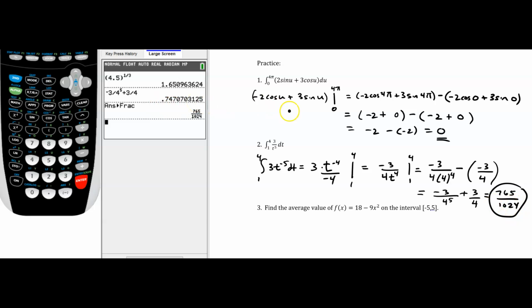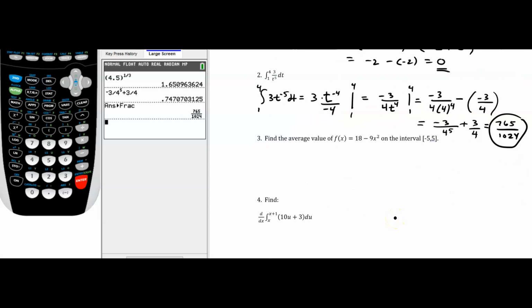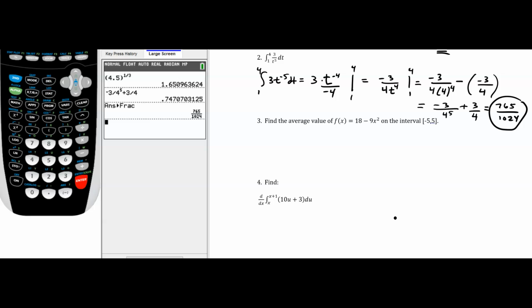Okay, question 3. Let's find the average value of the function on the interval. In this case, if you're finding an average value, immediately go to the average value of the function formula. So that's going to be 1 over b minus a times the definite integral of my function from a to b.